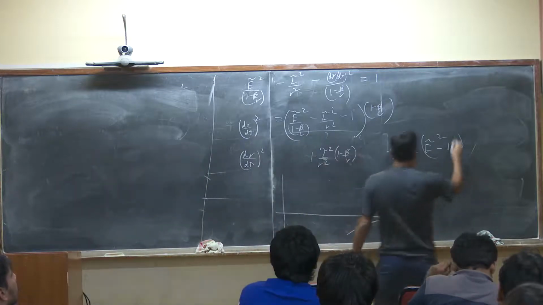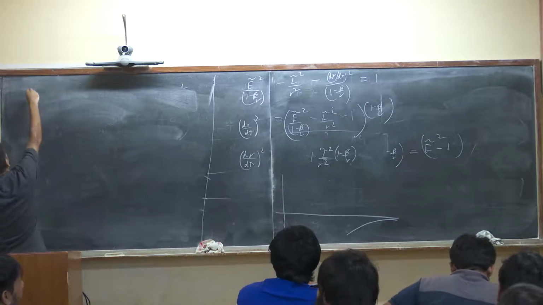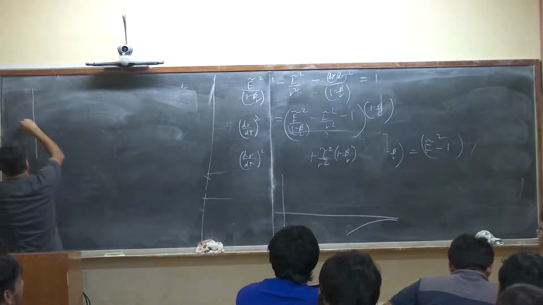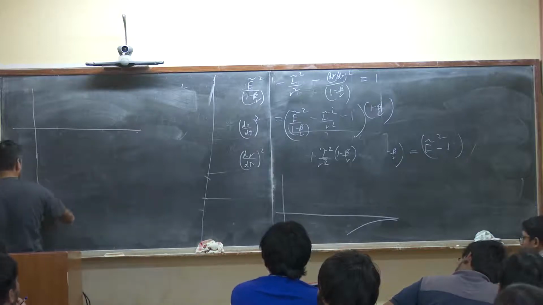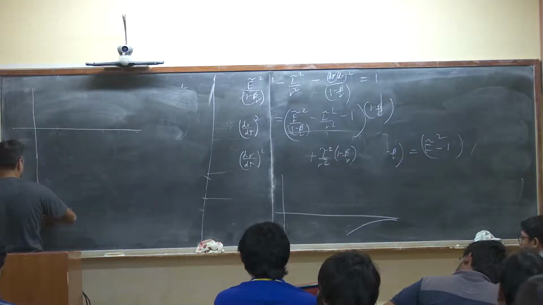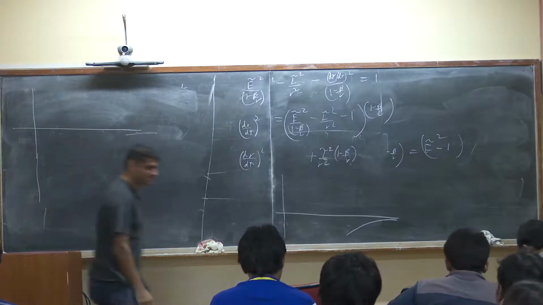So at near 0, this is -1 by r cube. It's going down pretty fast. Here it's -1 by r.